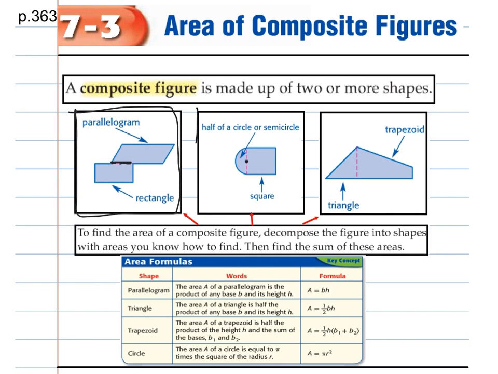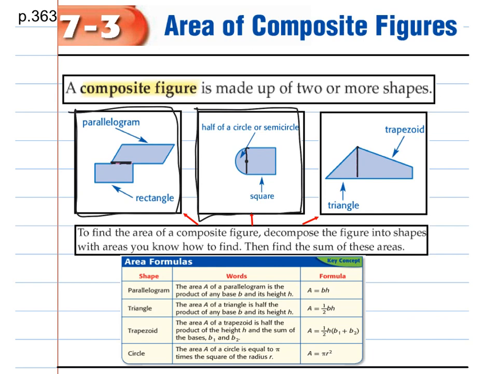Looking at this second box, if we were to cut it right here, we'd have half of a circle, which is called a semicircle, and a square. So that figure is made up of a half circle and a square. Looking at this one, if we cut it right here, we have a triangle, and this four-sided quadrilateral is a trapezoid.